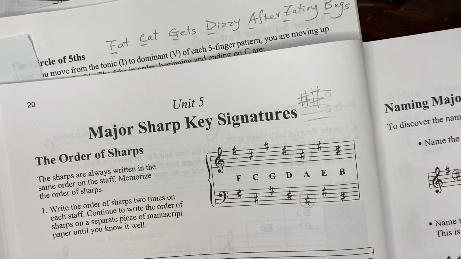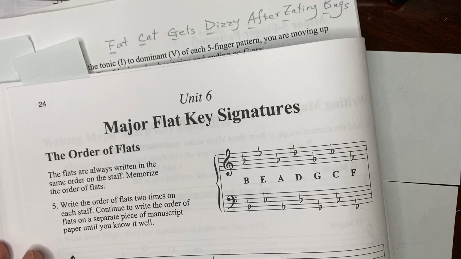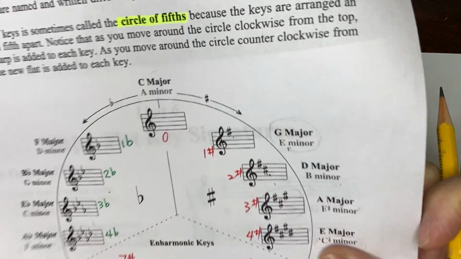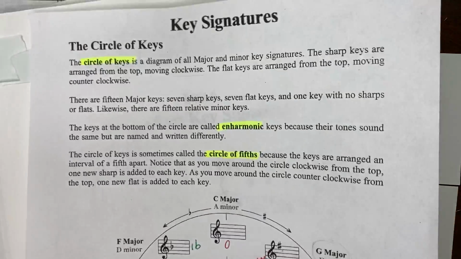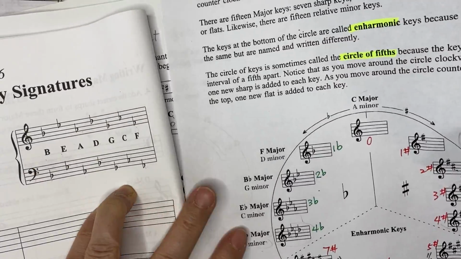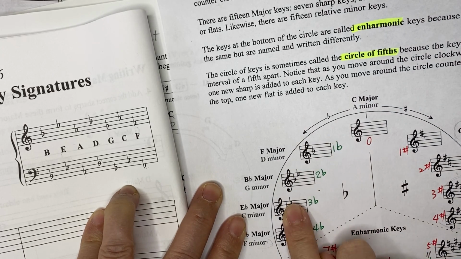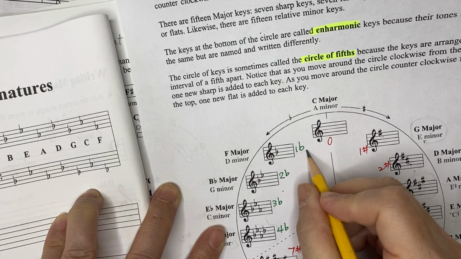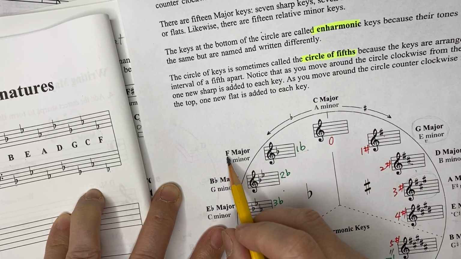Okay. Now in the key signatures of the circle of fifths, if you don't see those pictures, one flat sign is F major.